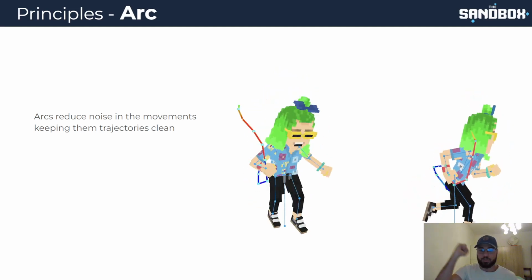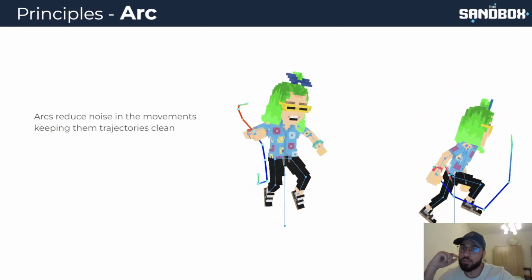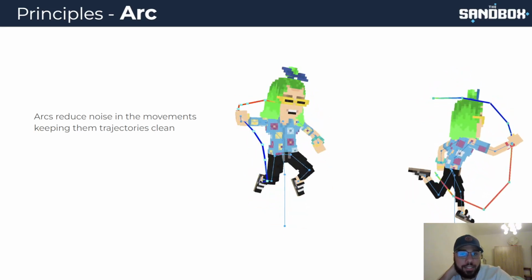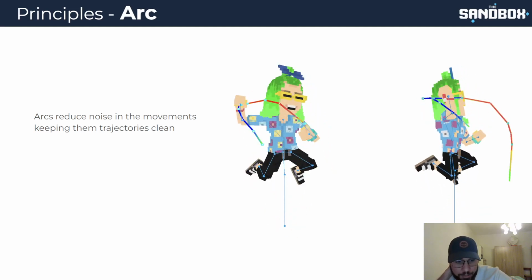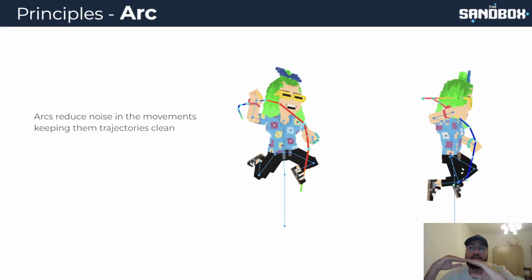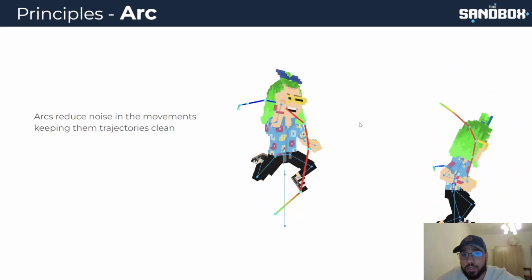You just do this, and the arc movement happens. In many animations I see issues like noise happening. When we eliminate this noise, we get the arc movements, and that's what we are looking for.